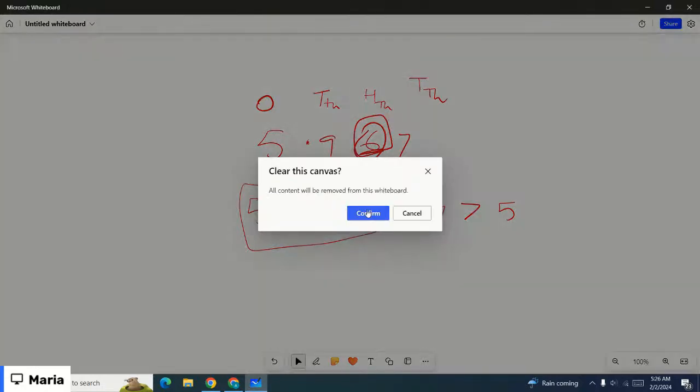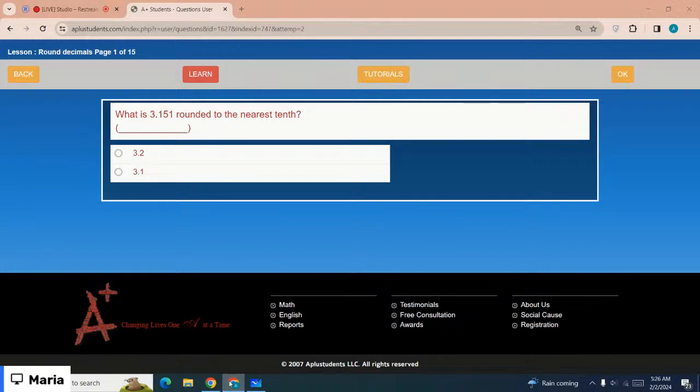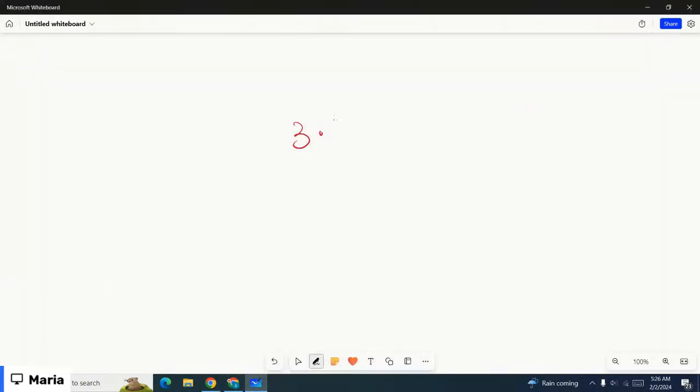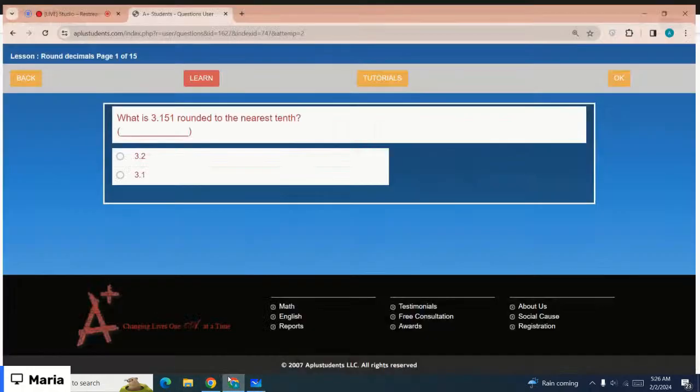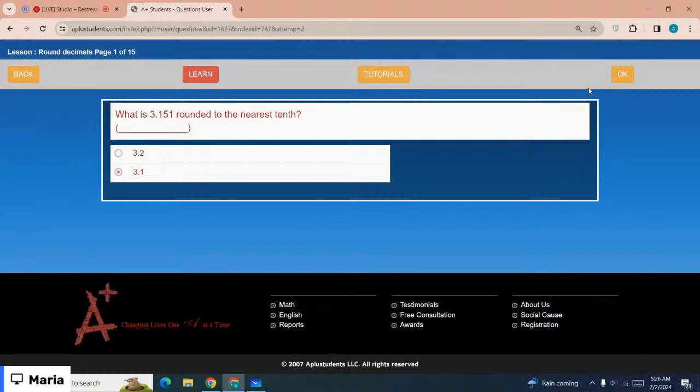Which digit is at the tenth position? 1 is at the tenth position. The next digit is 5. You have to compare, 5 is equal to 5, right? You need to round down, that would be 3.1. Round down means you round off on the same digit.